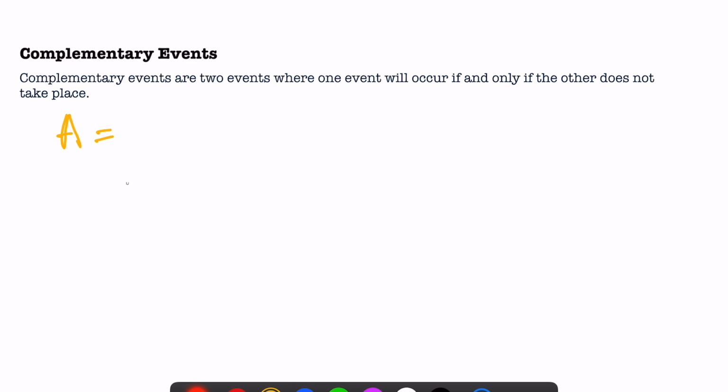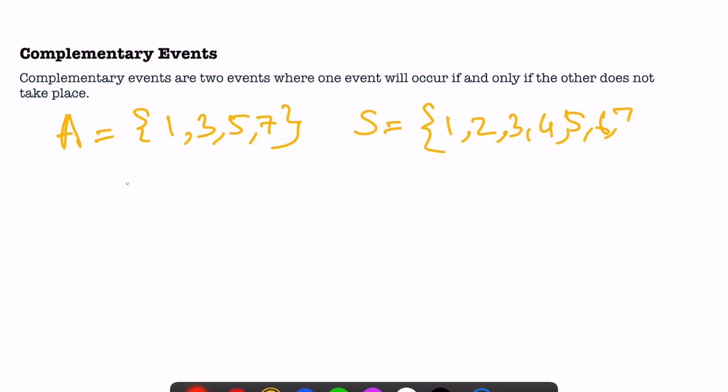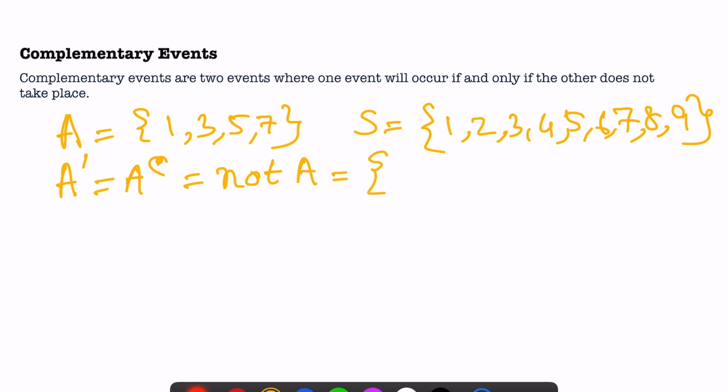If A is one event, let's say 1, 3, 5, 7 and the sample space is 1, 2, 3, 4, 5, 6, 7, 8, 9, then the complementary event of A is represented like that, or also A C, or also we write it as not A, which will be the outcomes that are not present in A. So 1 is present in A, 2 is not present, 3 is present in A, 4 is not present, 5 is present in A, 6 is not present, 7 is present in A, 8 is not present, 9 is not present.